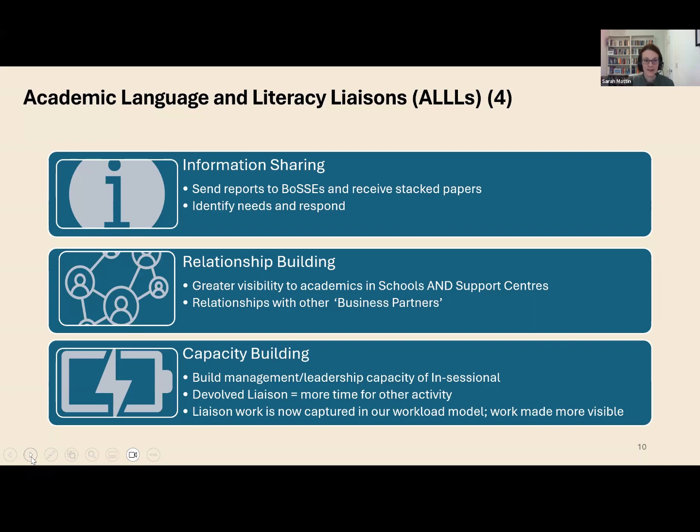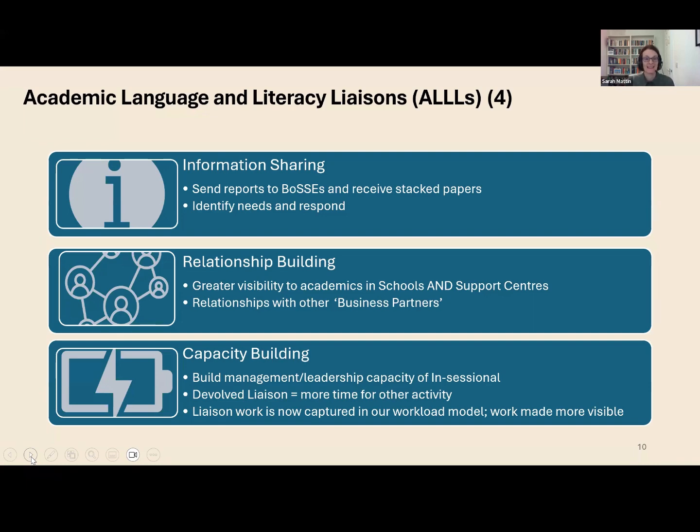For me as the program director, this has also been very important because the liaison work now, the building of the relationships between ourselves and the schools, can be more devolved, which frees up time for more strategic, forward-looking work, and also means that we are building the capacity of the team in terms of the leadership of in-sessional provision.